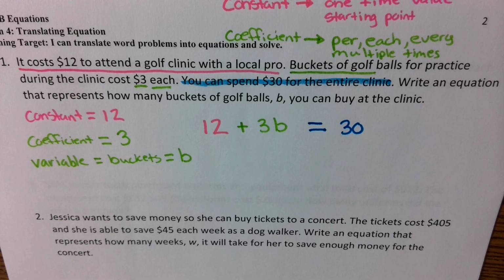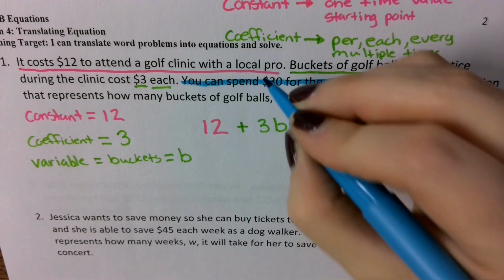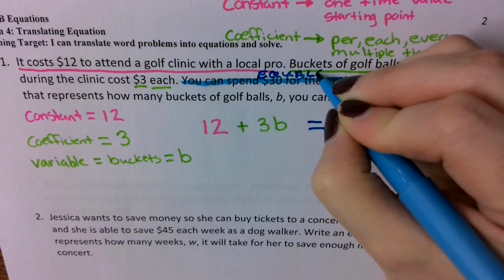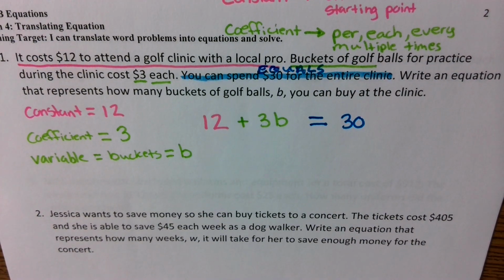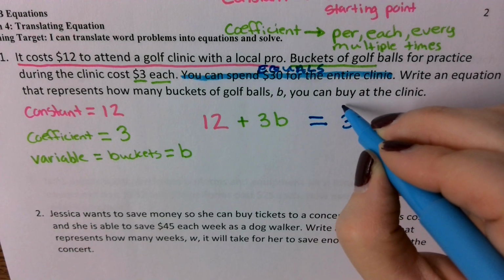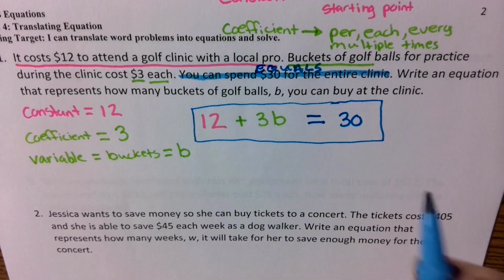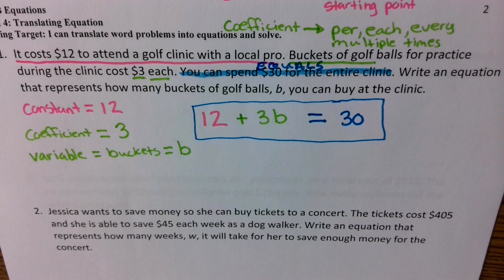That is the final point you're getting to, is $30 cost. So that's what it equals. So there's your equation, that's it. And then you would originally just solve. But we're not solving today. We are just writing. So we have 12 plus 3b is equal to 30.